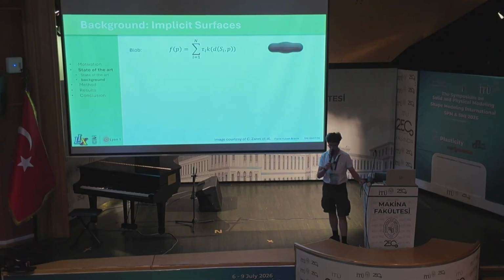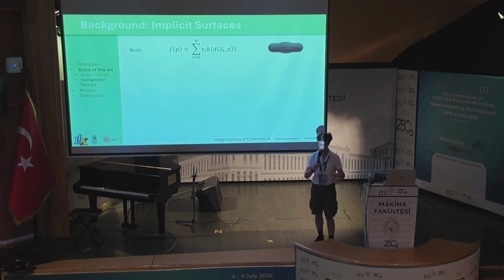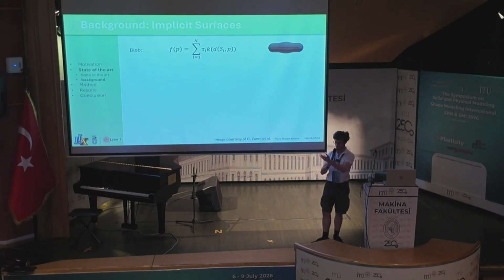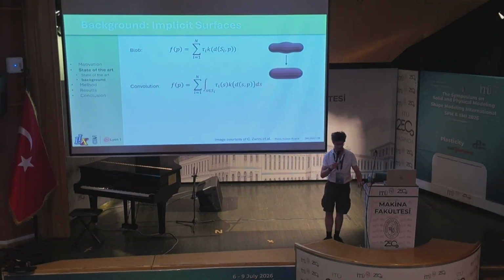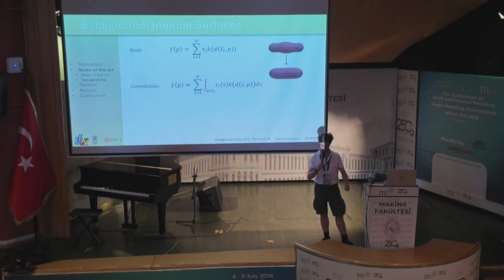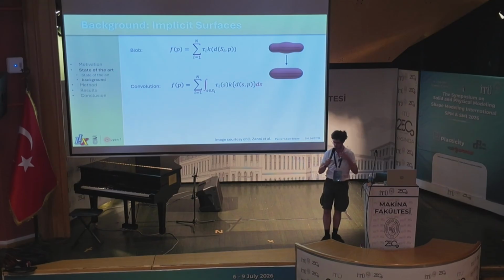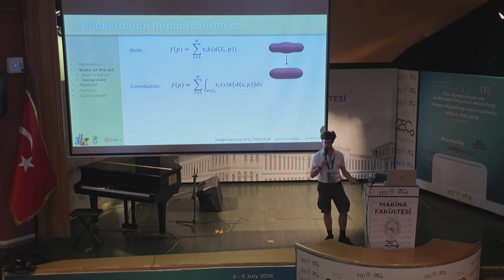Unfortunately, they suffer from the bulge effect, meaning that when you have lots of blobs near each other, their potentials will sum up, creating some bulges that are highly undesirable. To palliate that, we can integrate the potential over the entire skeleton, which takes care of the smooth blending of surfaces.